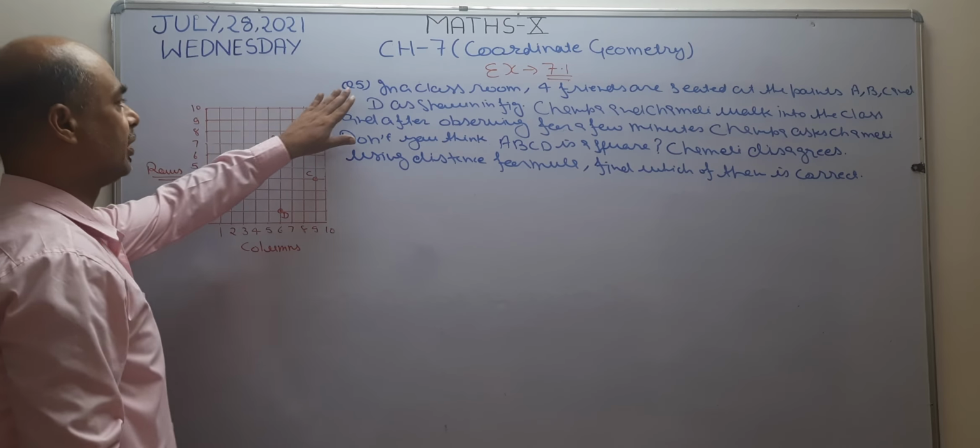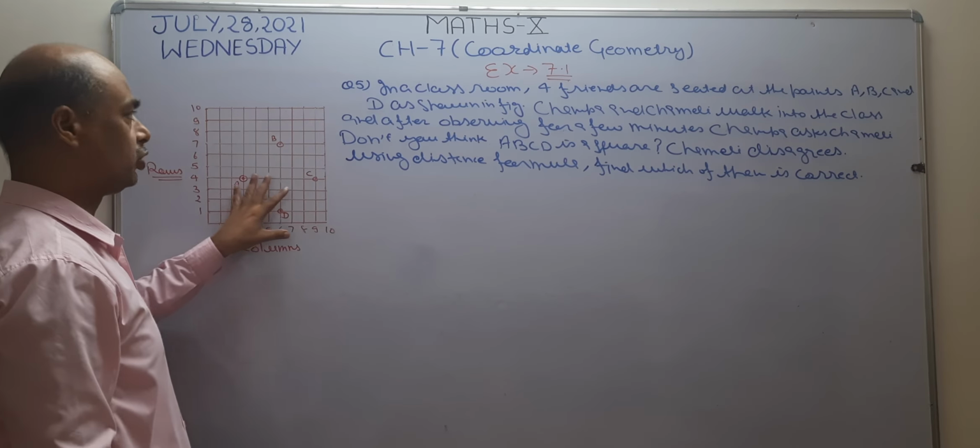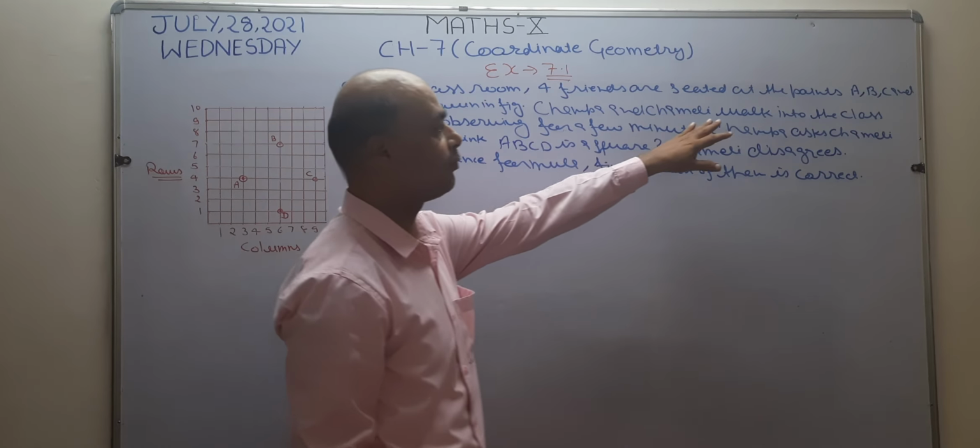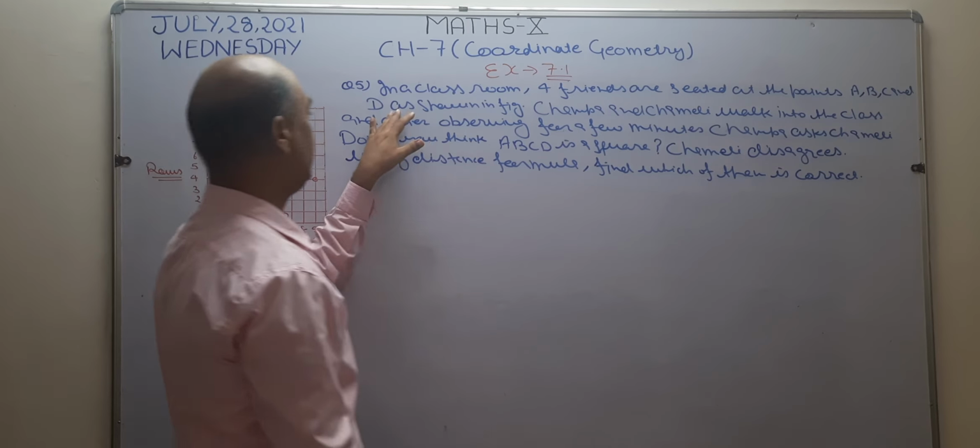Now I am going to solve question number 5. See, this figure is given in question number 5. In a classroom, 4 friends are seated at the points A, B, C and D as shown in the figure.